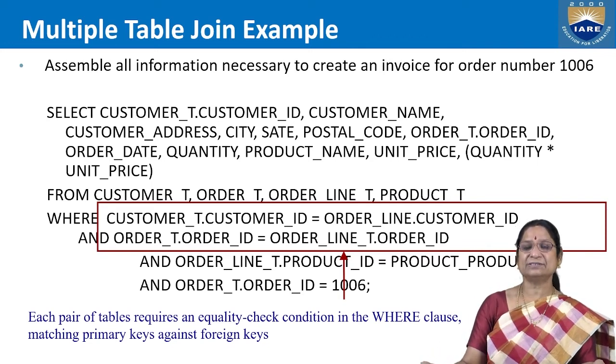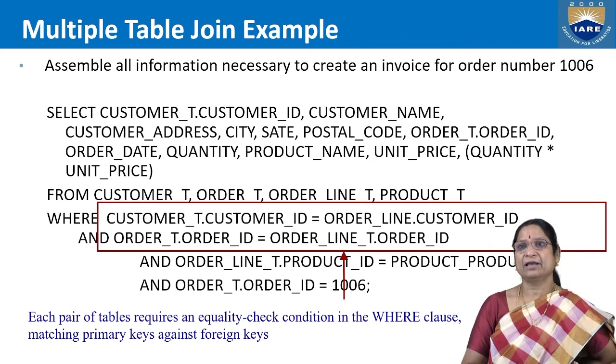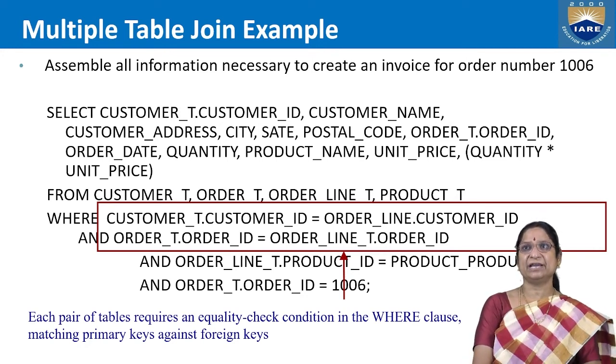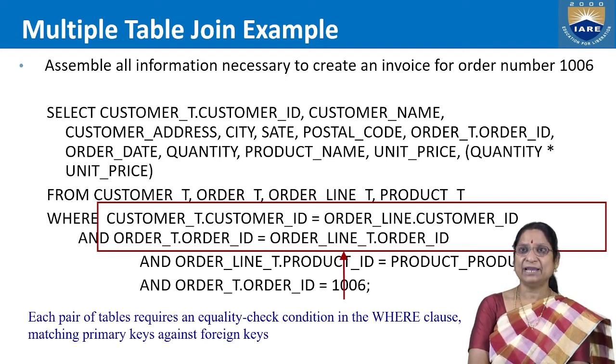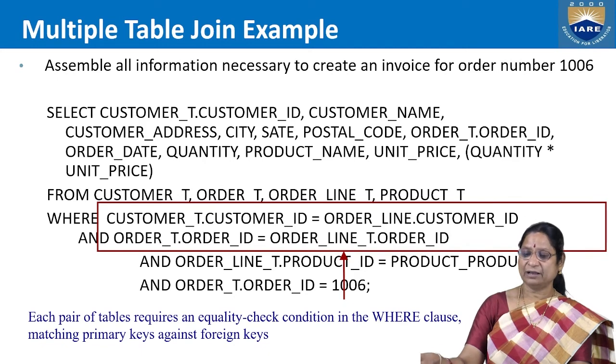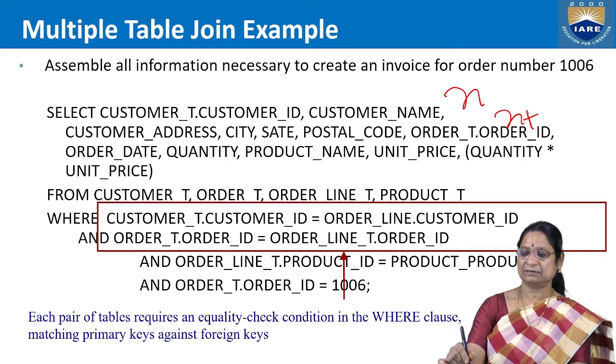So till now we discussed only two tables connected, but it need not always be two tables. Depending upon our necessity, data can be retrieved from a larger number of tables. If I would like to retrieve data from n tables, I have to use n minus 1 joins.